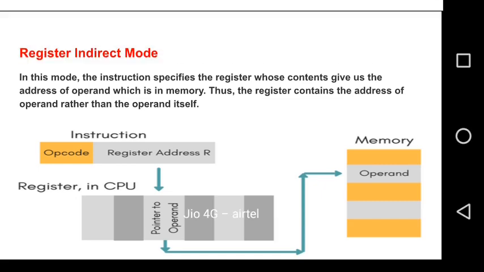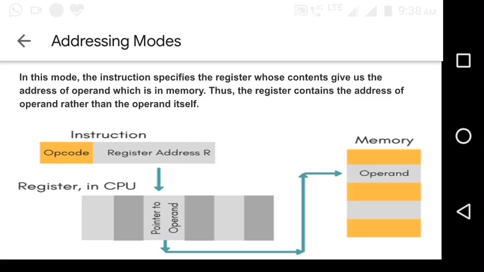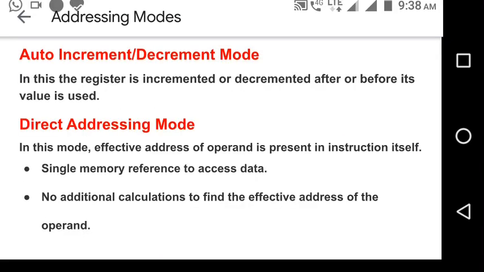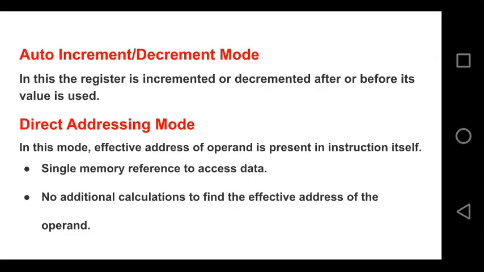Next we see another addressing mode, that is auto increment mode and auto decrement mode. It is a very simple addressing mode, auto increment and auto decrement. In this, the register is incremented or decremented after or before its value is used.